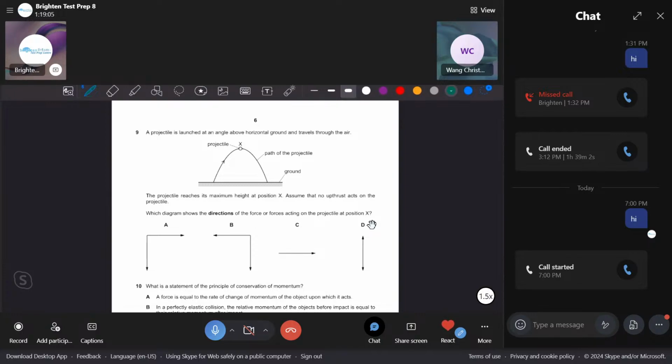So a projectile is launched at an angle and travels through the air, and we see the typical path. The question here is interesting because it says, which diagram shows the direction of the force or forces at position X?